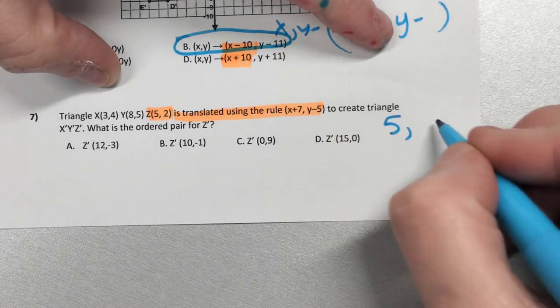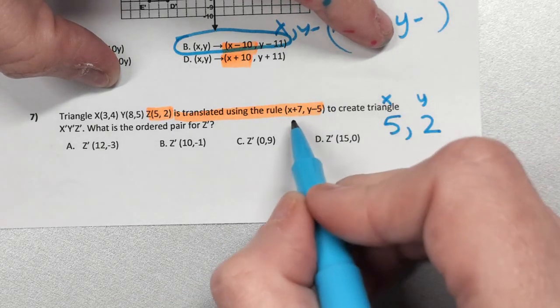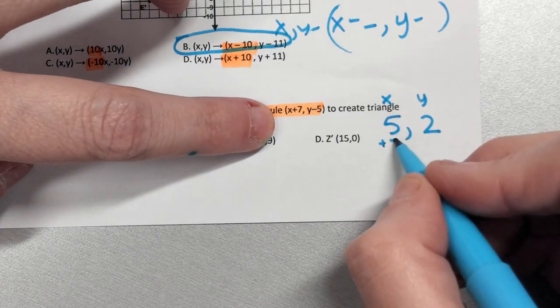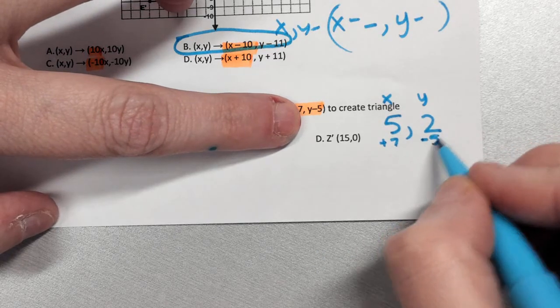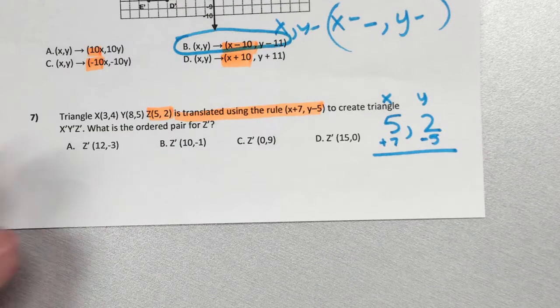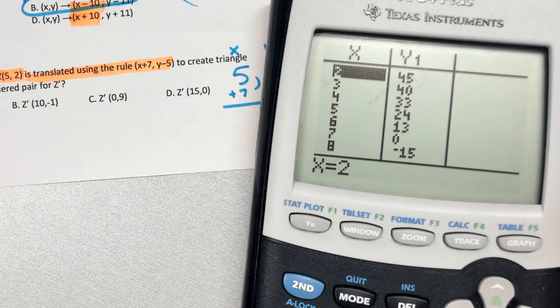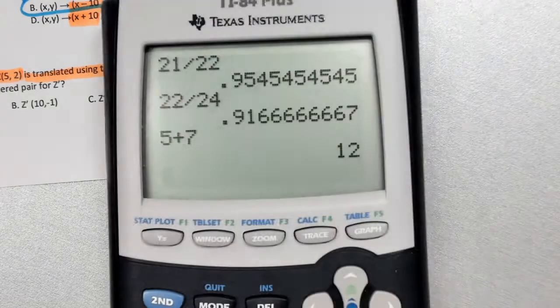Okay, so they give me the rule X plus 7, Y minus 5, and they gave me this point. This point is 5, 2. Remember, this is my X, and that's my Y. So I'm going to take my X. It says X plus 7, so I'm literally going to put plus 7 under there. And it says Y minus 5, so I'm going to put minus 5 under there. Okay? And then I'm going to get my calculator out. And I'm going to say 5 plus 7. And it says 12.